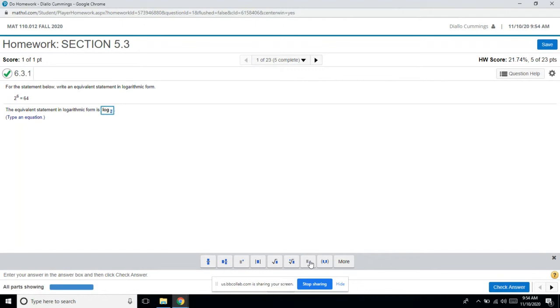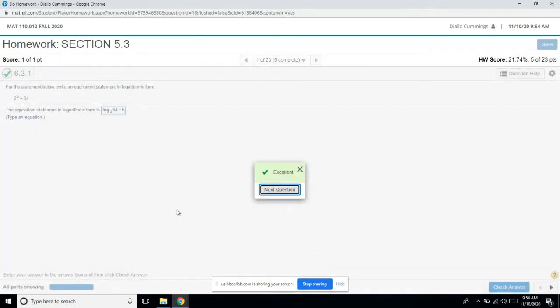I'm going to use my forward key to take me out of the subscript area. I'm going to put in my argument, which is 64, and this should be set equal to 6. All right, so we've converted an exponential to a log.